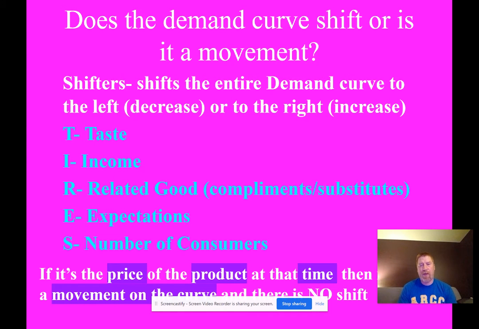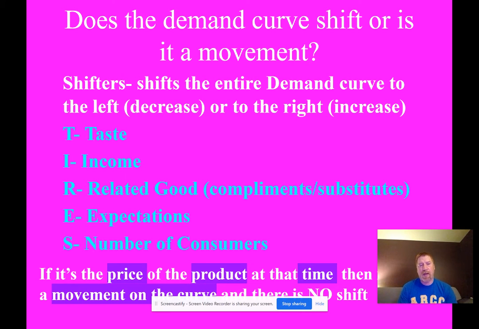So a reminder from yesterday, this says, does the demand curve shift or is it a movement? So the shifters are TIRES. So hopefully you have those written down somewhere. If it's a shifter, then it's going to shift the demand curve either to the right if it's an increase or to the left if it's a decrease.